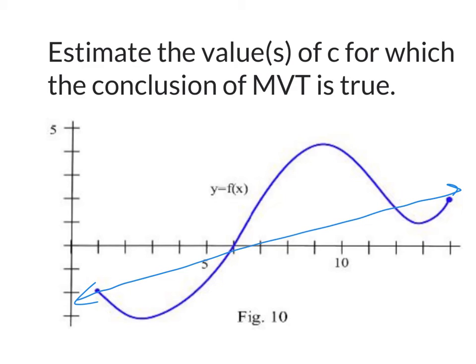And if I were to estimate, it looks like somewhere right about here, so maybe 3.1-ish, that's where that happens. It looks like it might be parallel just shy of the max point, so maybe something like 8.7 or somewhere around 9. And it looks to me like a little past 13, so maybe like 13.1 looks to be where that might be parallel to the slope of the secant line.